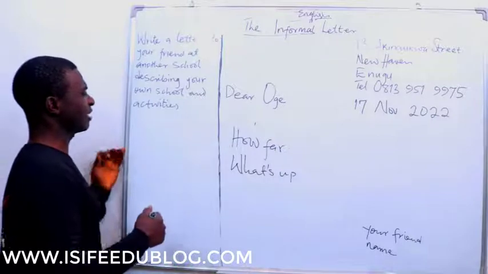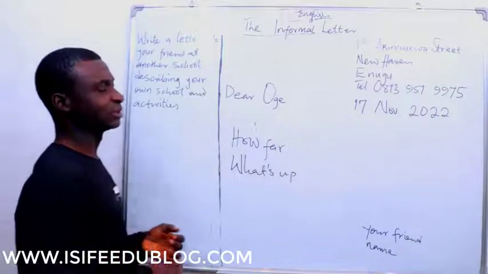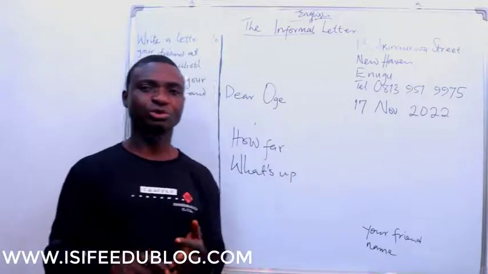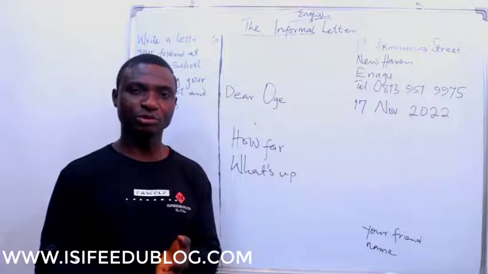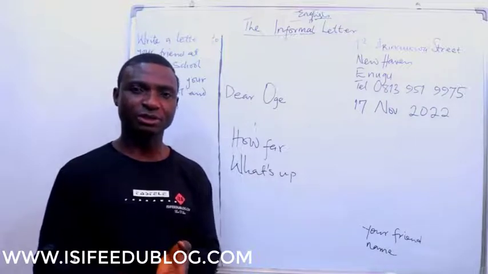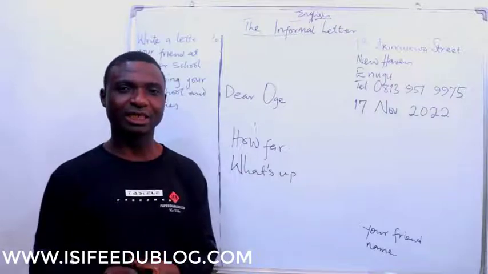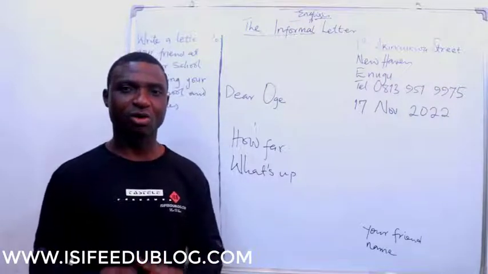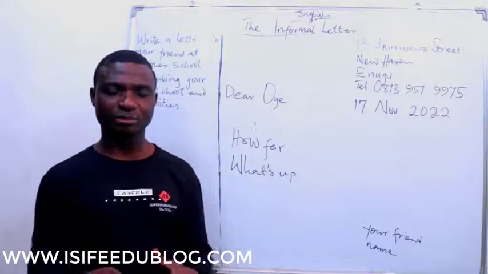On having achieved all of this, we've said, first, describe your school by writing the name, the location, the number of buildings, and the compound, whether it is decorated or left bare, the assembly ground. Then you come to facilities.